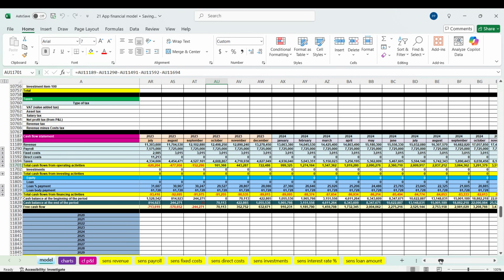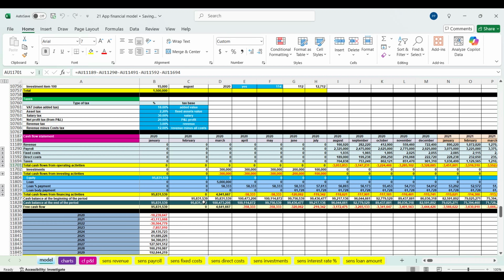And if we go back, if we look at the last line of the cash flow statement, cash balance at the end of the period, we will be able to see that at first stage our project is eating cash. We can see it here.